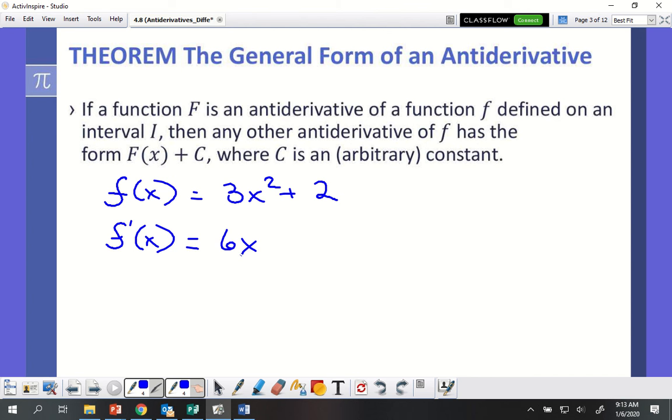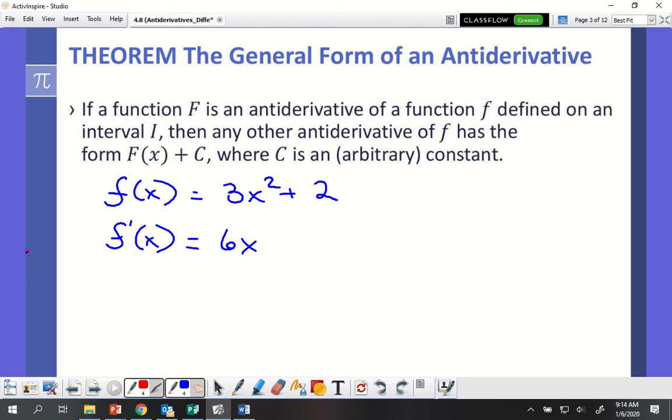But the antiderivative is going to do this right here. Watch very carefully what I do. When I take the derivative, I take the exponent and multiply it out front. Now, when I do the antiderivative, we're going to do the opposite.